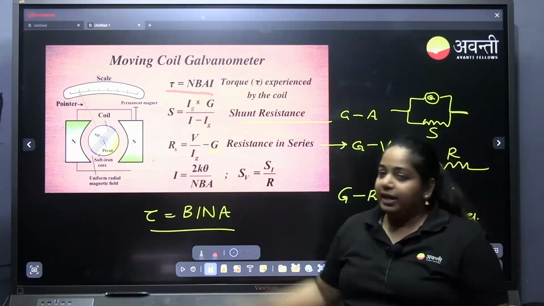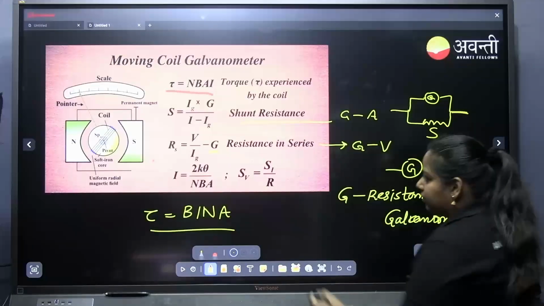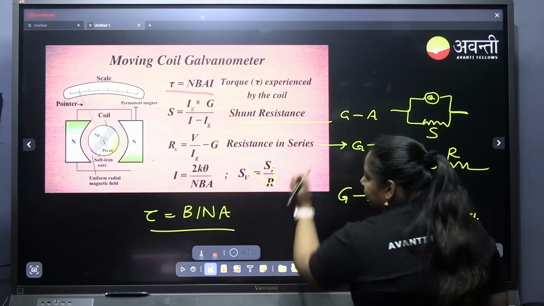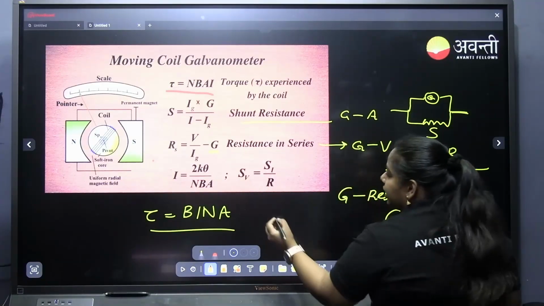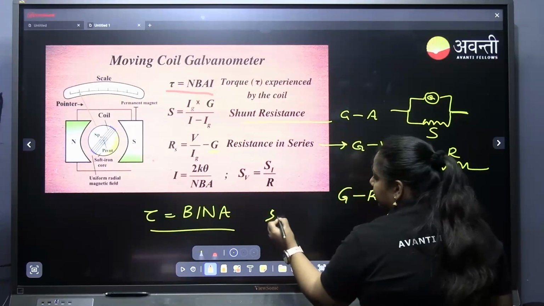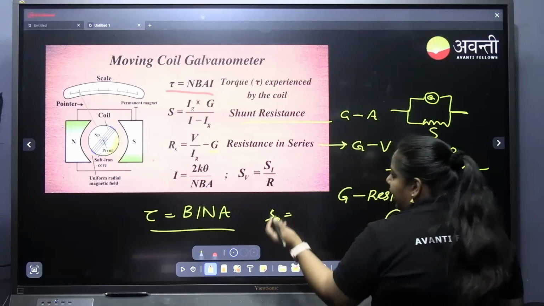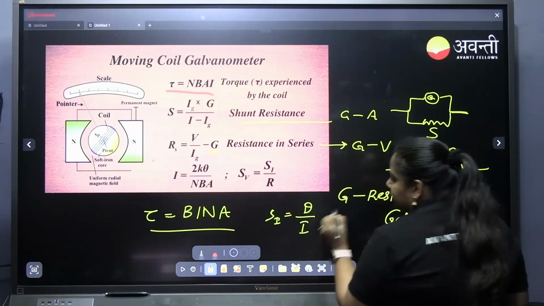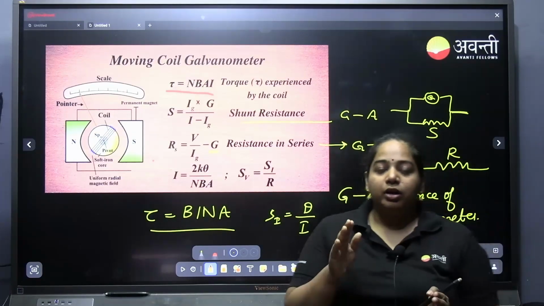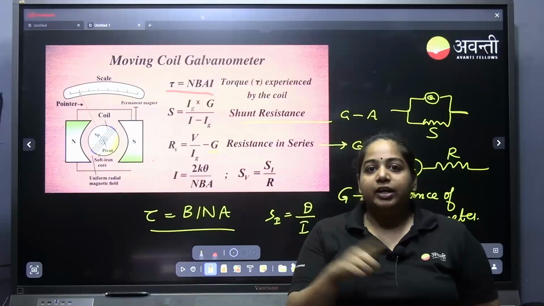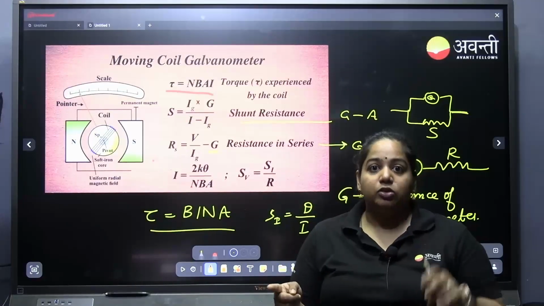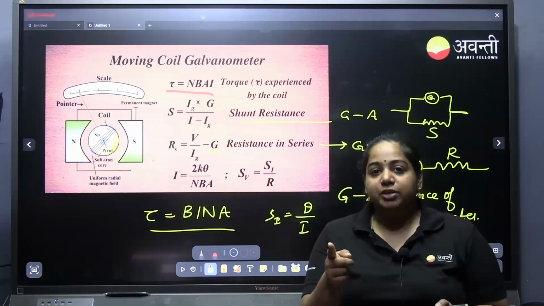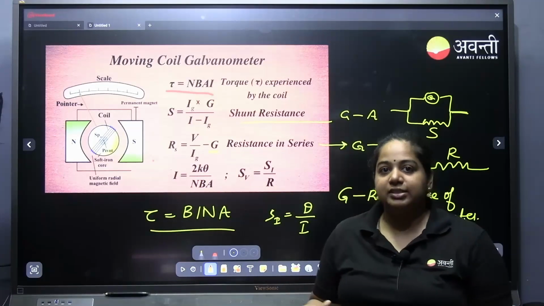This one is for finding current sensitivity. Not this. Current sensitivity is a different formula. Current sensitivity we can find as theta by I. Let's say for 1 ampere current, deflection is 30 divisions. So the number of divisions for which current is measured, that is the current sensitivity.